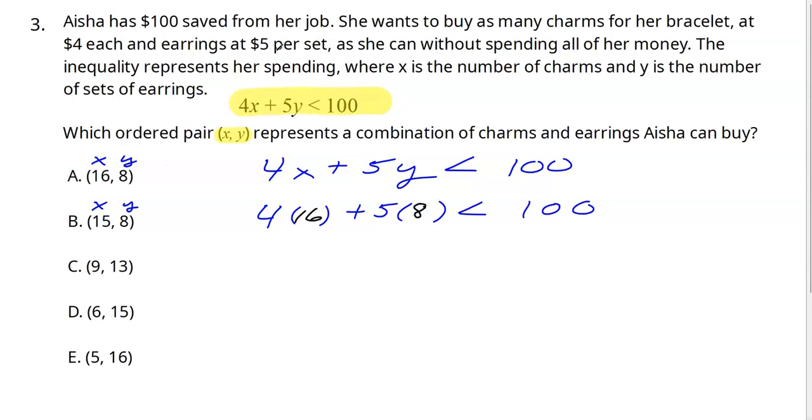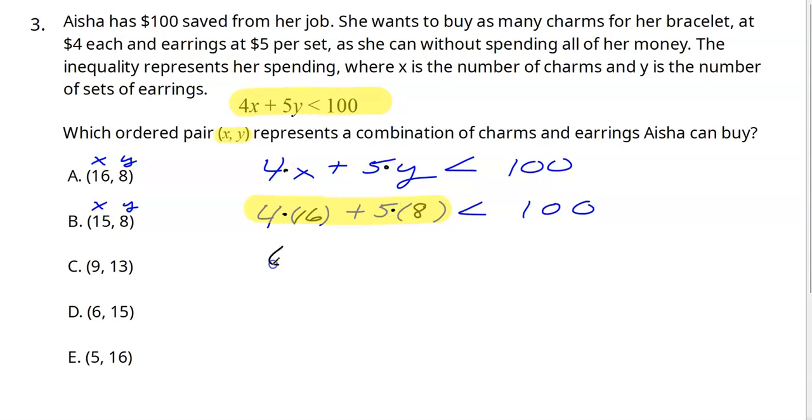And I'm going to check to see if this expression on the left-hand side comes out to be less than 100. If it does, then it's a possible combination, and then I'll know that A is my answer choice. So let's see if this comes out to be less than 100. If it does, I'm good to go and I'm done. So what's 4 times 16? That's 64. Remember, there's a times sign here. It's not showing.